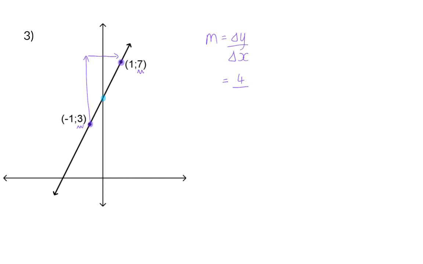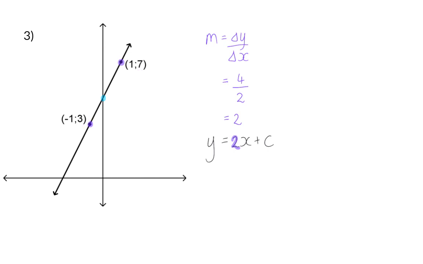Then for my change in x, I'm moving from minus 1 to 1, which is a difference of 2 units. Always ensure that you are also adding the correct symbol. Here we worked upwards, which is positive, and to the right is also positive. This means the gradient is 2, and at the moment my equation looks like this.